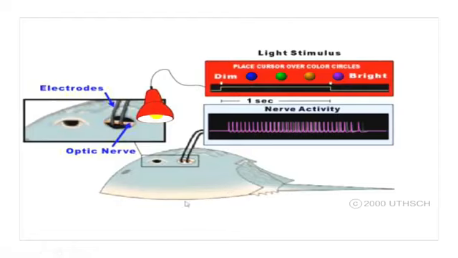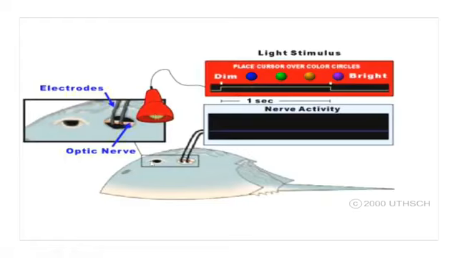Why this was an attractive experimental system is because one could make a small slit in the shell of the animal and expose the optic nerve, and then connect electrodes to the surface of the optic nerve, and then connect those electrodes to an amplifier where they could be displayed on a recording device. Then one could present lights of various intensities to the eye.